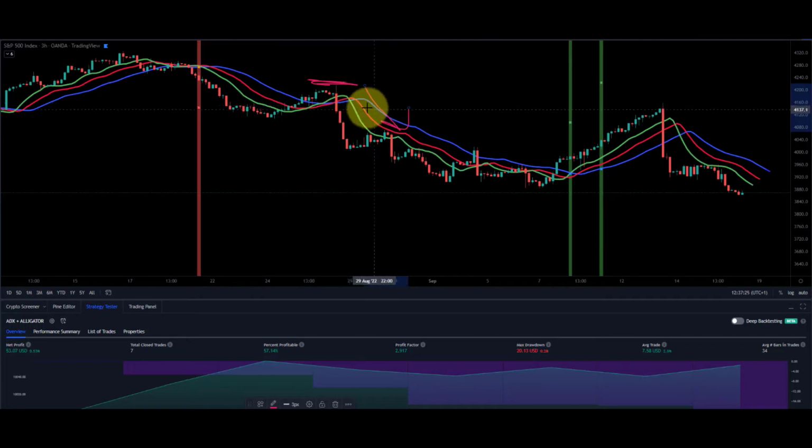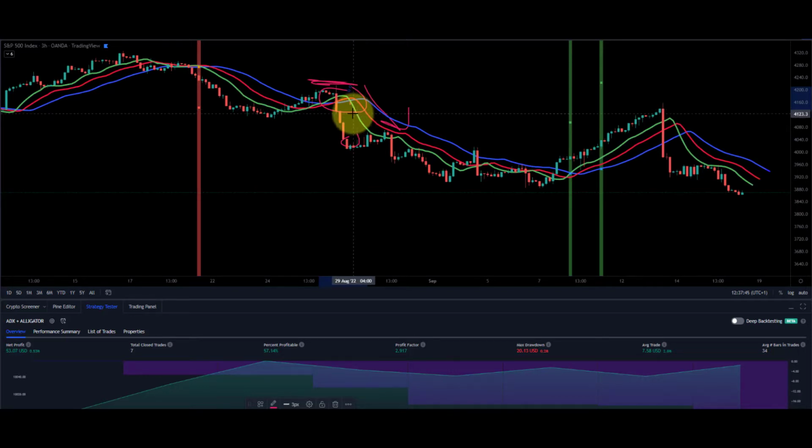But again, even in this one here, you can see with the rules it crossed here, you're getting in too late. So we need to enhance this entry criteria, and that might be by changing around the moving average lengths, that sort of thing.